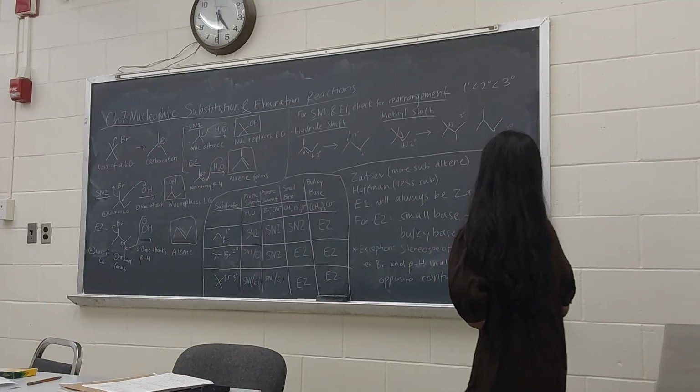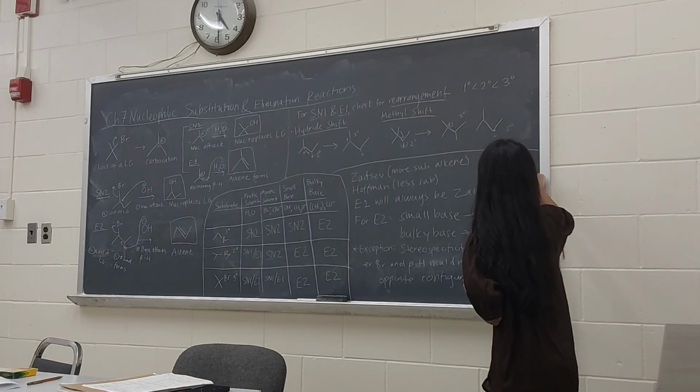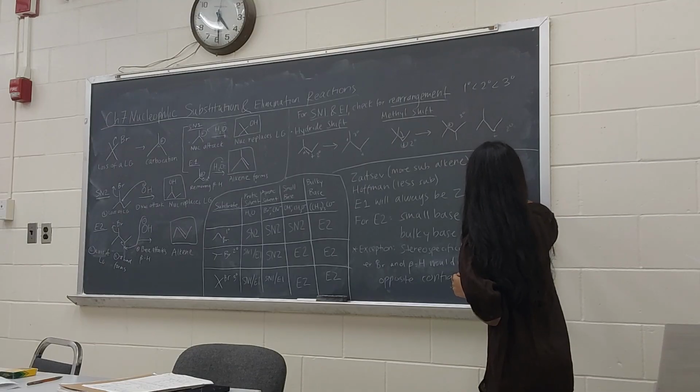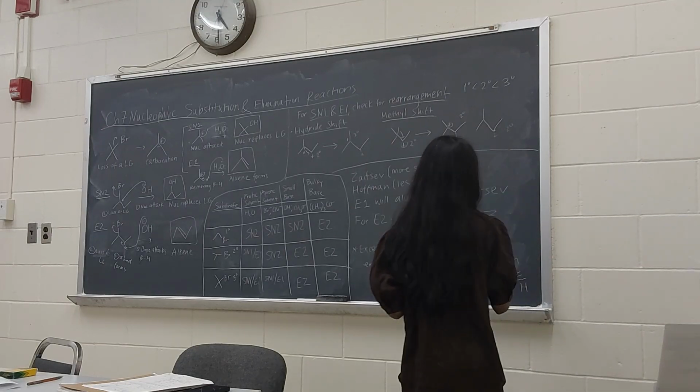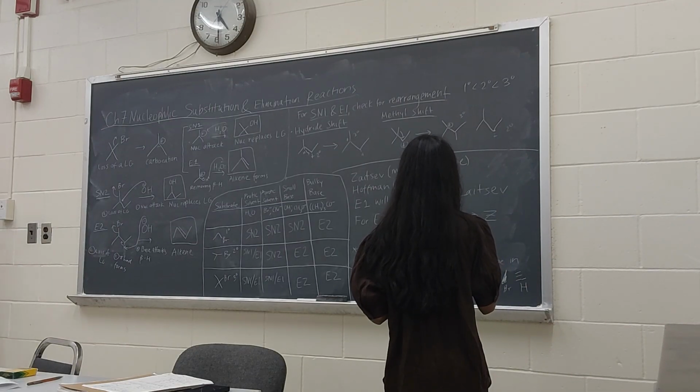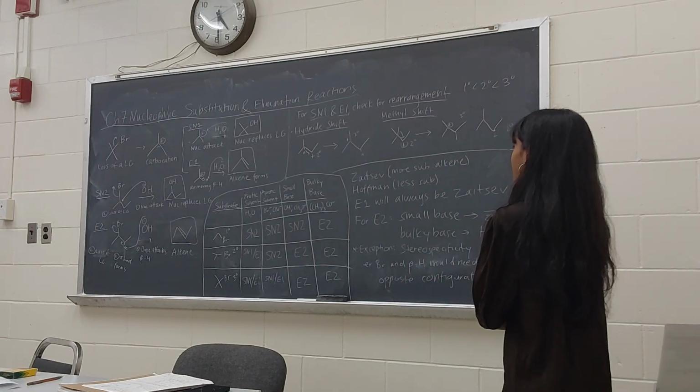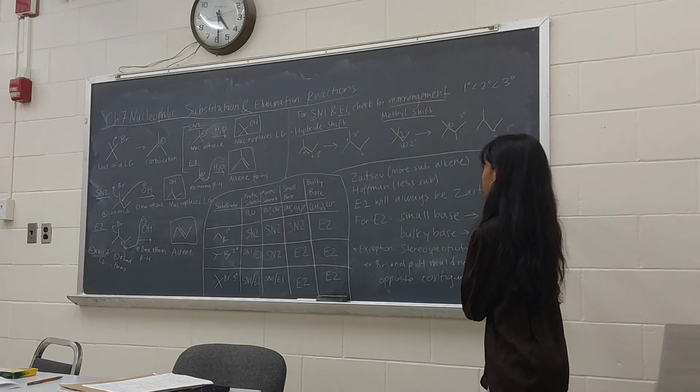So Hoffman is one? Or not always one. Sorry, I need to find a better example. Is it basically how many carbons the alkene is connected to? Yeah, Zaitsev will have more connected to it.